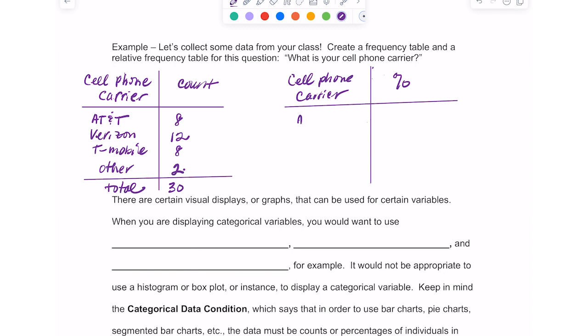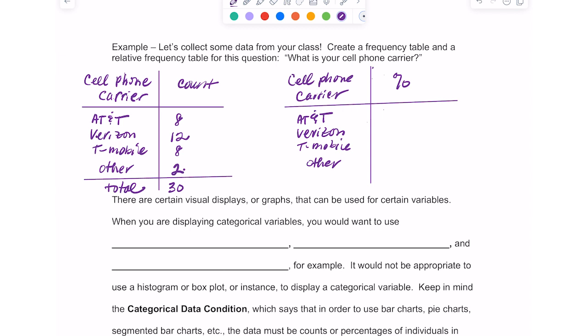Okay, and again, I have AT&T, I've got Verizon, T-Mobile, and other, okay?